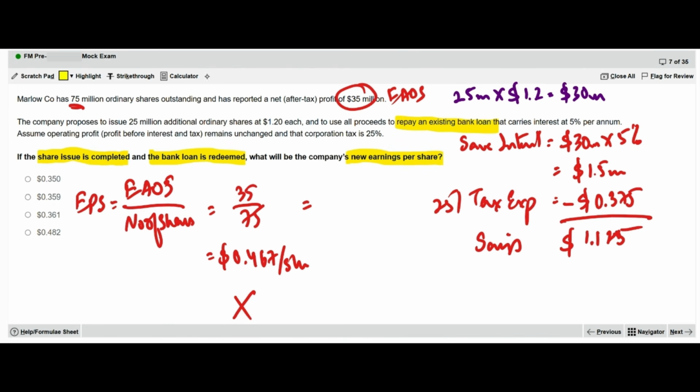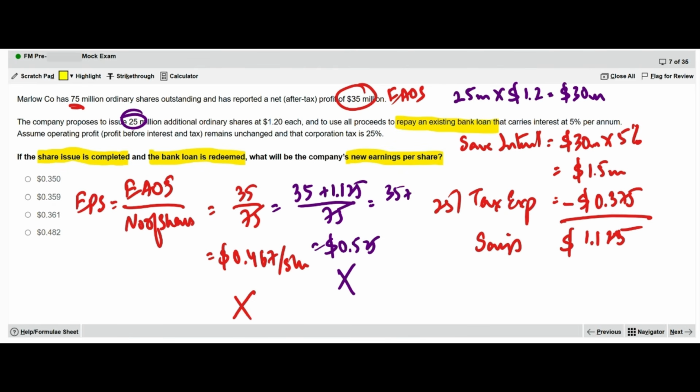Now calculating the EPS. So we have 35 plus 1.125 divided by 75. That gives me 0.525, which is wrong. Why? This 25 million share is not considered.